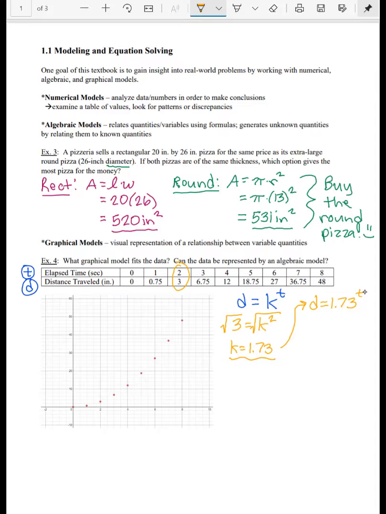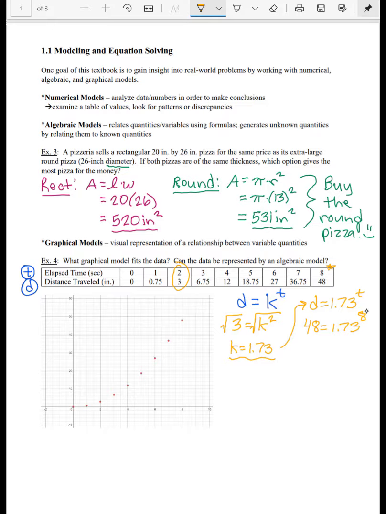So if we go ahead and just pick another point, well, I don't know, let's jump to the last one, 8, 48. Let's say, all right, if we want to travel a distance of 48 inches, we should be able to get that by doing 1.73 to the 8th power.